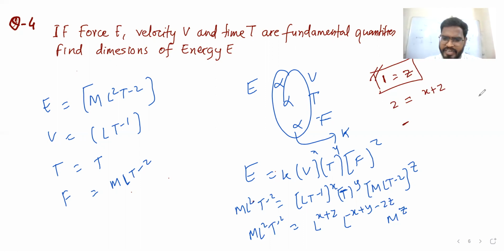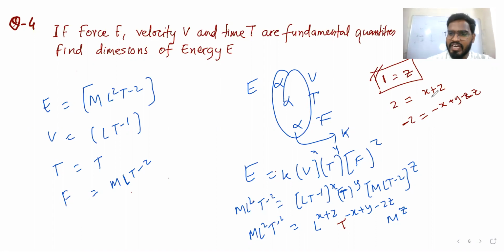L is x plus z, correct? Then it should not be he, then it should be t, right? Here it should be what? That's what I was thinking, how it came. T, right? T to the power x, t to the power y, yeah. So t to the power is how much here? Minus 2. T to the power of minus 2, that is what? Minus x plus y minus 2z.